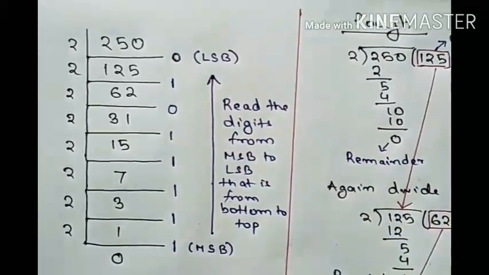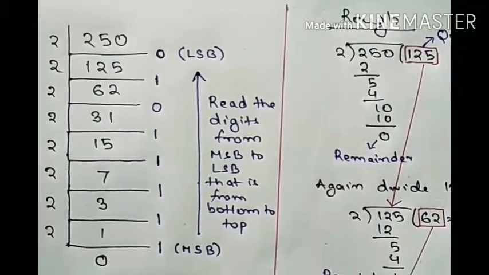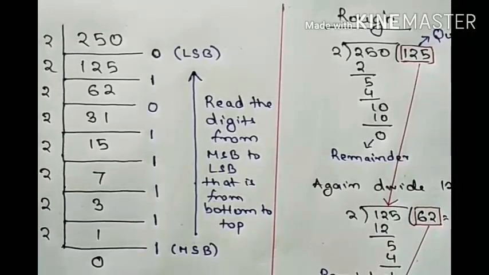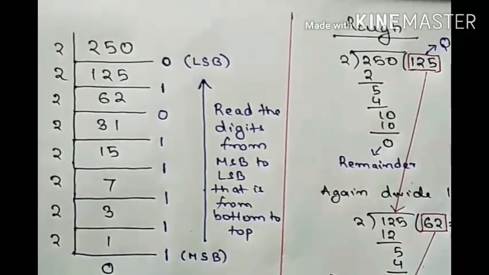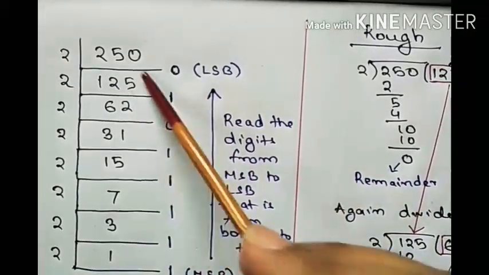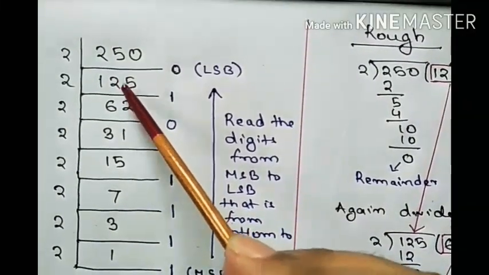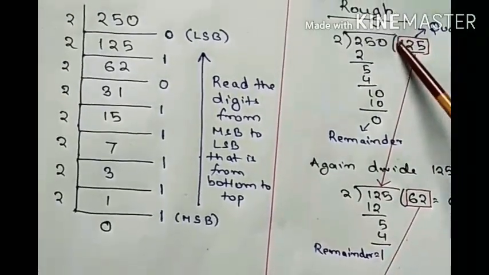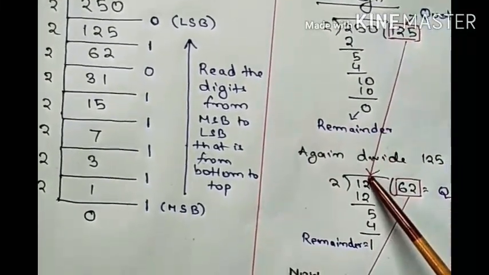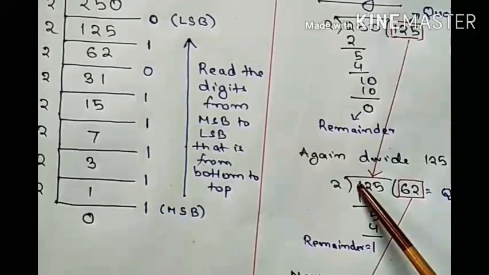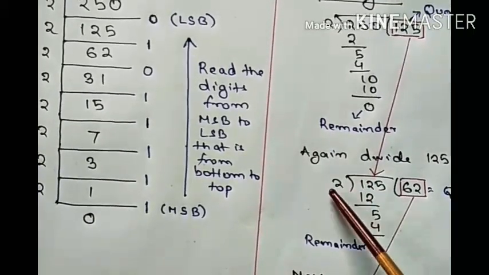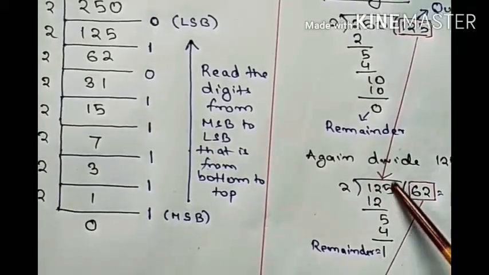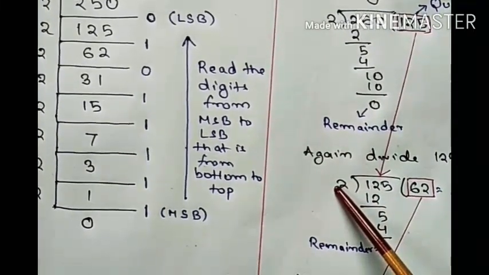Now the next step is to divide the quotient we have got just now. Again divide that quotient by 2. In the rough we can see this quotient becomes the dividend, and it is divided by 2.